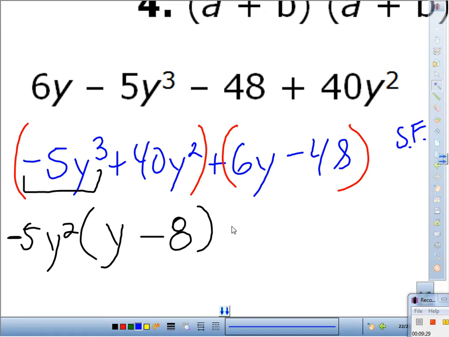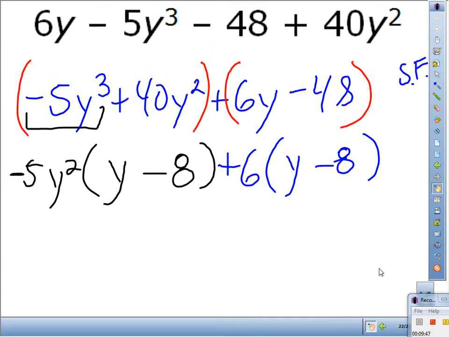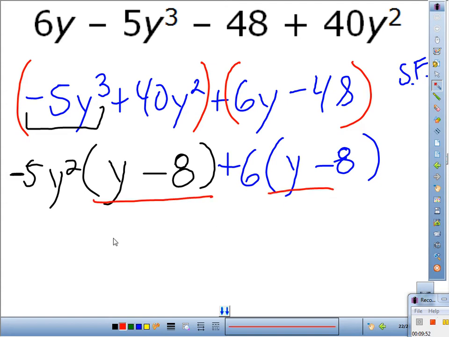Next, GCF for these two, 6, and we're left with 6 divided by 6 is 1, so we're left with y. Negative 48 divided by 6, that's negative 8. Therefore, my factors are, what's the same here and here? y minus 8, so that's my first factor, y minus 8.